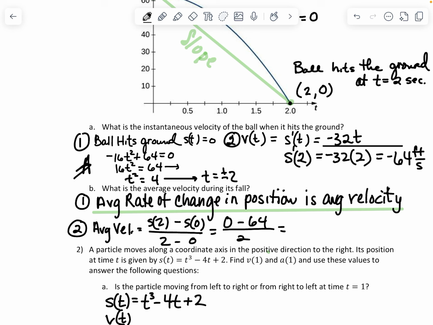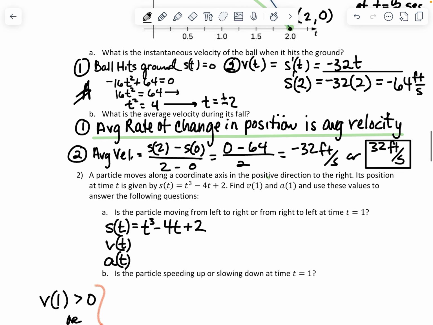So we get negative 32 feet per second. But it does say what is the average velocity during its fall. Because it's talking about the fall, you really could say this, or you could say 32 feet per second, the average velocity, because we're talking about how fast it's falling. So we take the direction into consideration already, and we can say it's positive 32 feet per second.